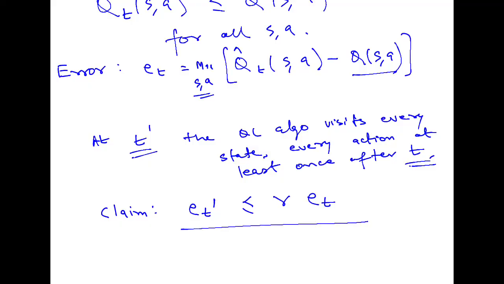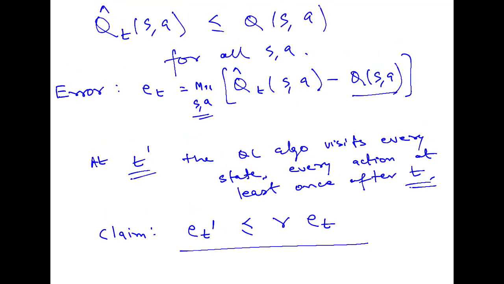I'm looking at the maximum error over all the states and actions, that is, I've defined the error at t, and I start at time t. t could be 0 to start with. In that case the error would be the maximum Q, and I claim that from this point, if the algorithm goes through every state and every action at least once by the time it reaches t prime, then my error at t prime is reduced by a factor gamma, at least by a factor gamma.